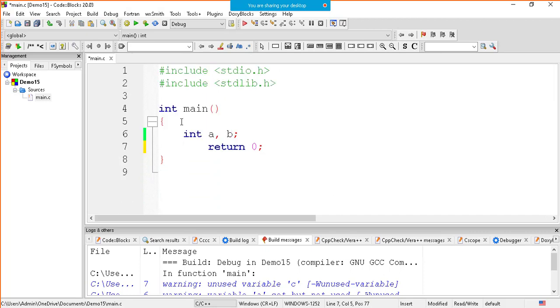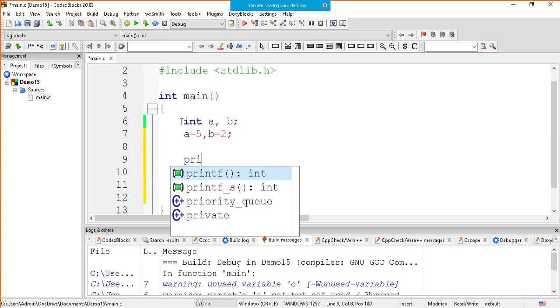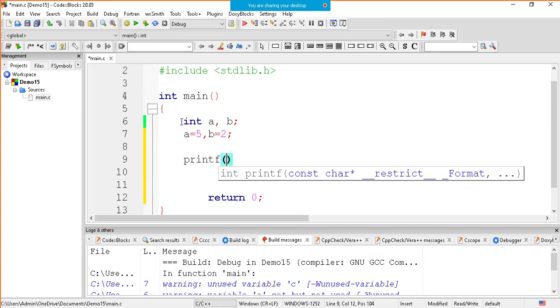Let's say we have two variables declared like this, integer a and b, and I am assigning some values. a is equal to 5, and b is equal to 2, a simple example, right? And what I'm doing is writing printf directly, printf percentage d, comma, a greater than b.